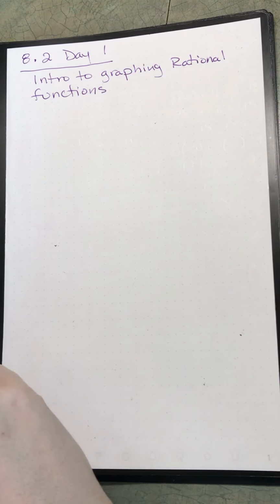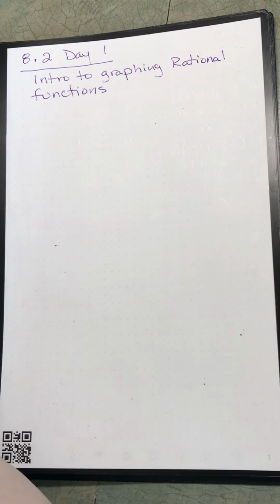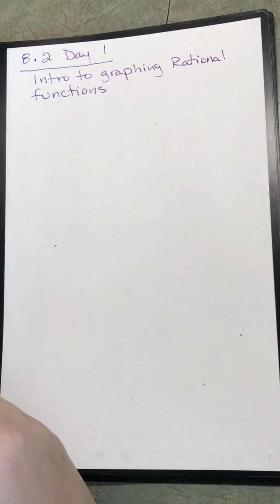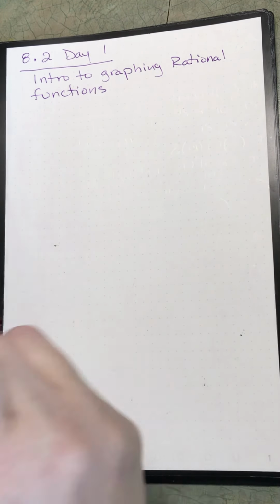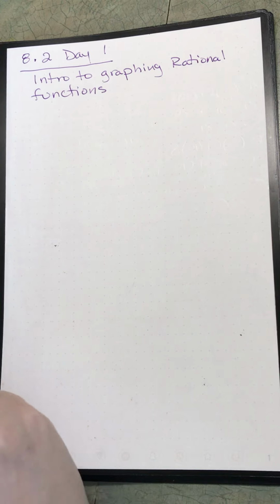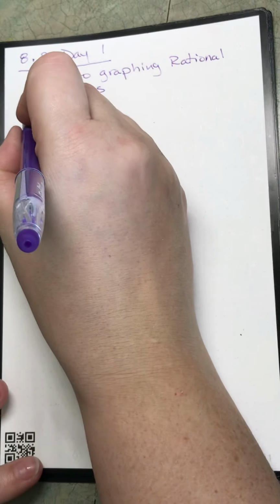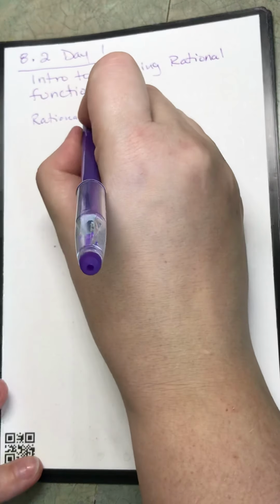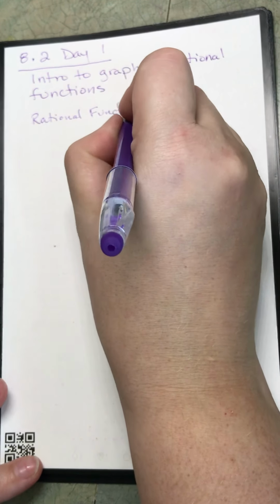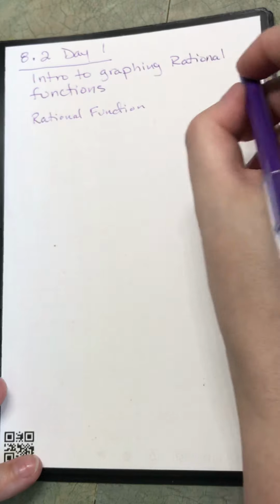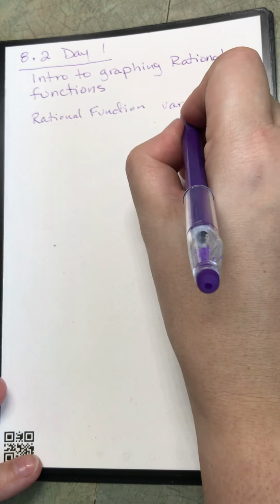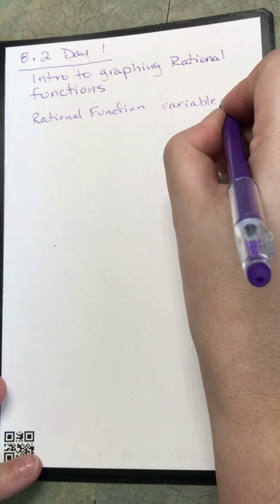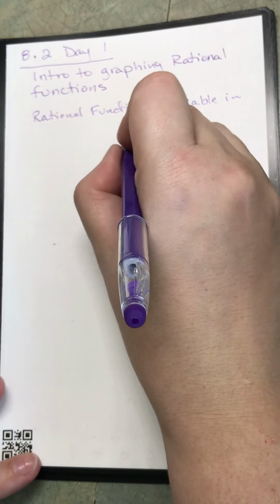Okay, 8.2 day 1, Intro to Graphing Rational Functions. The first thing we're going to talk about is just what is a rational function. A rational function has a variable in the denominator.